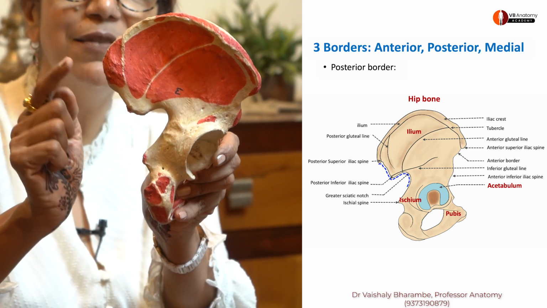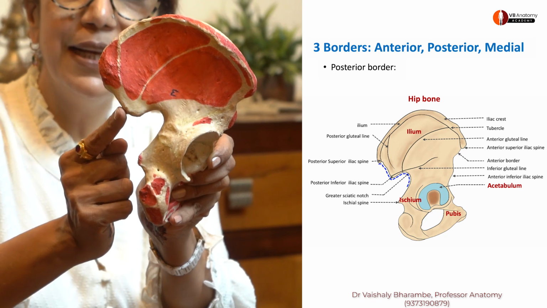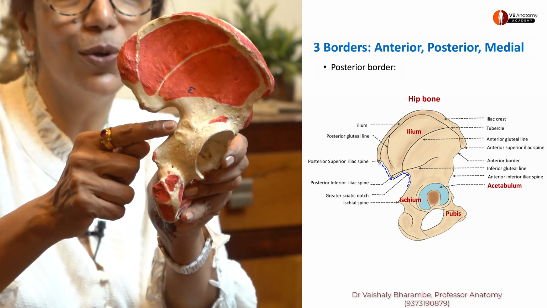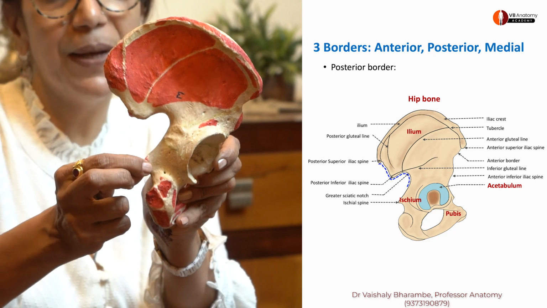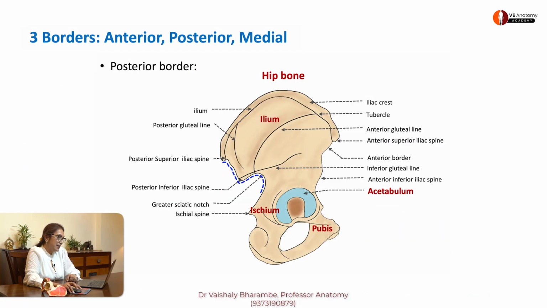One last time, let's revise. Posterior superior iliac spine, notch, posterior inferior iliac spine, greater sciatic notch, and here is your ischial spine. Got this? Come to the screen now. So this is your posterior border of hip bone, which if it continues down, continues into the ischial spine and the ilium bone itself.